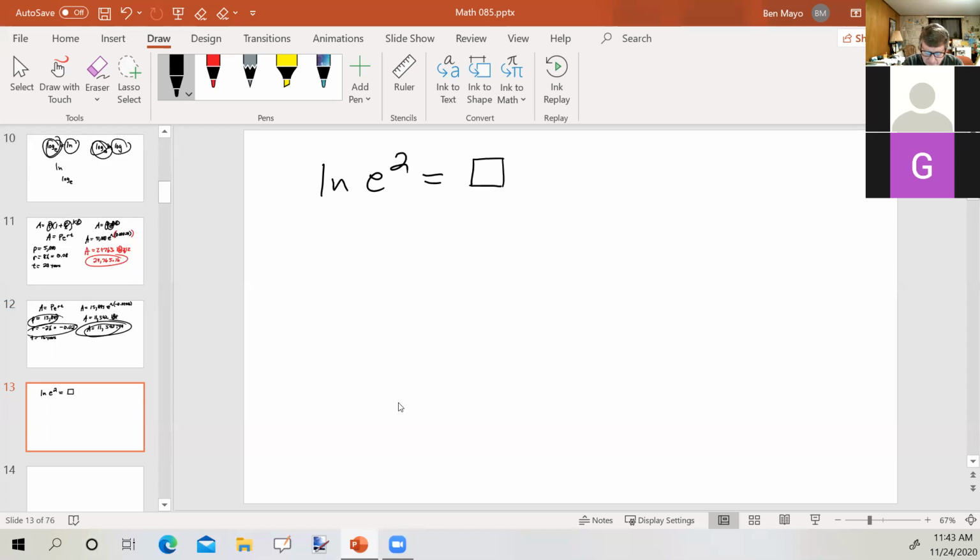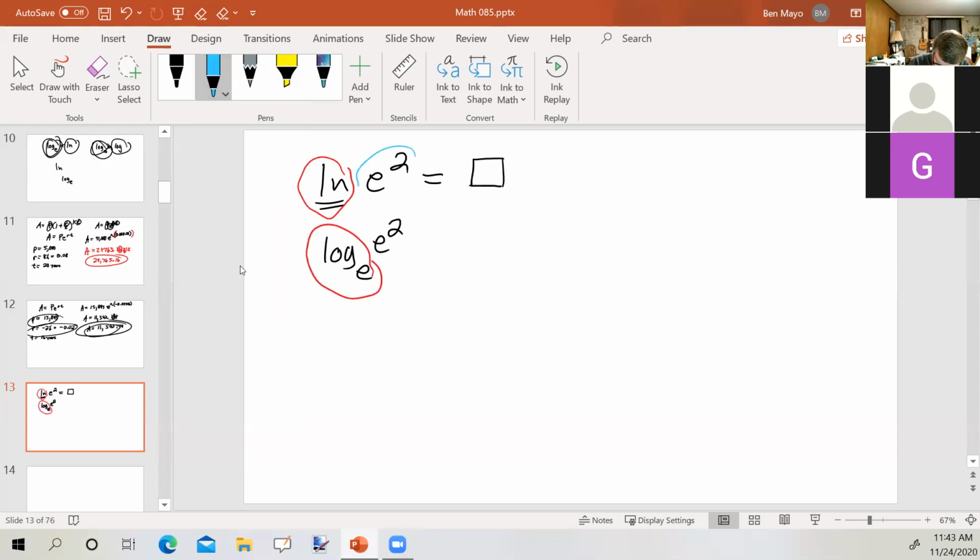All right. Now, ln is the same thing as log base E. So I have log base E of E squared, right? So this became that, and this is still there, okay?